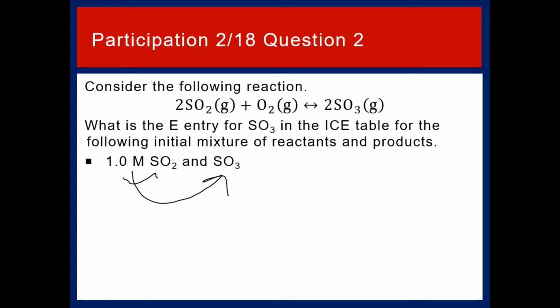So I got 1.0 molar of both of those. This is the second question on participation 218, due Friday, February 18th at 11:55 p.m. over on Blackboard. The link to the assignment is right below the links to these videos.